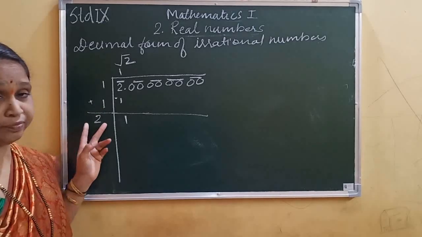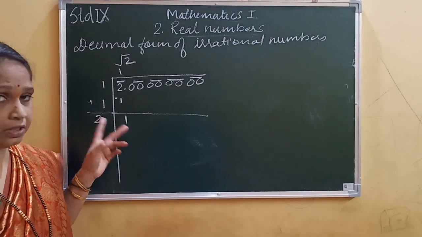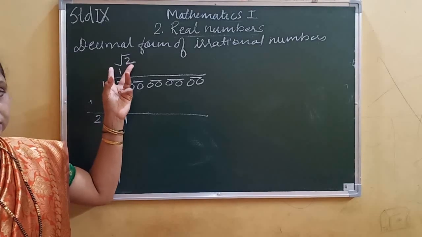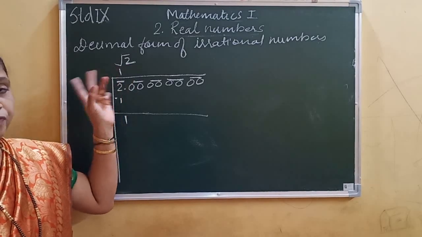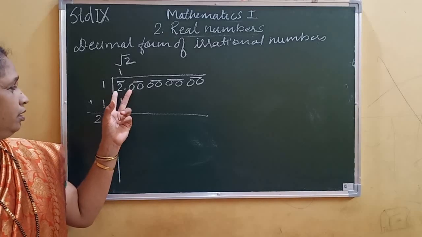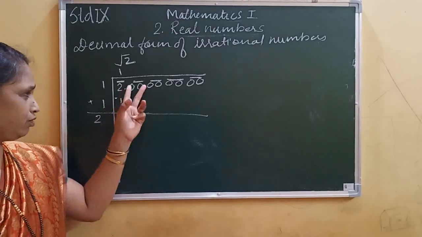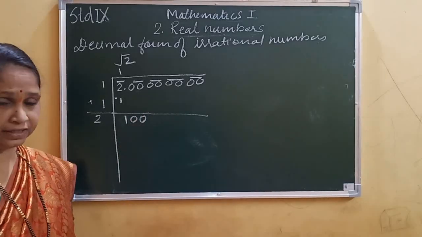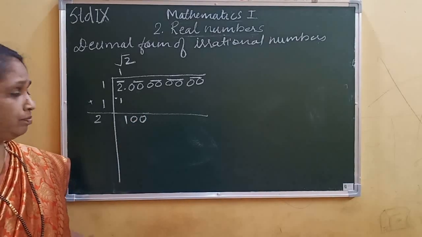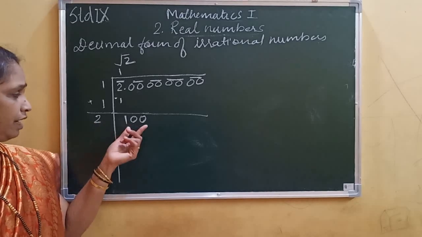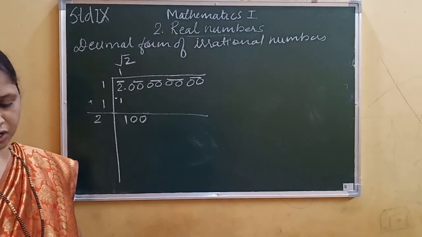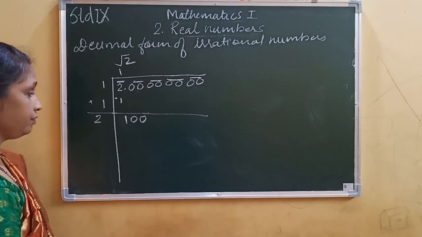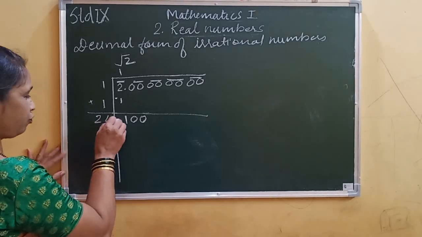This is the division method which we studied in 8th standard; that way we are finding the decimal form of root 2. So 2 leaves remainder 1. Now two zeros we can take here, so 100. Which number will be divisible here? That will be 4. So 4 we have selected. Here we can take 4.